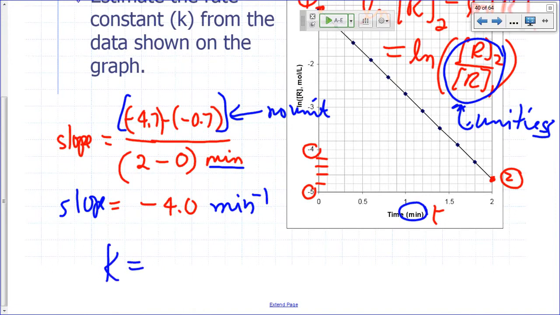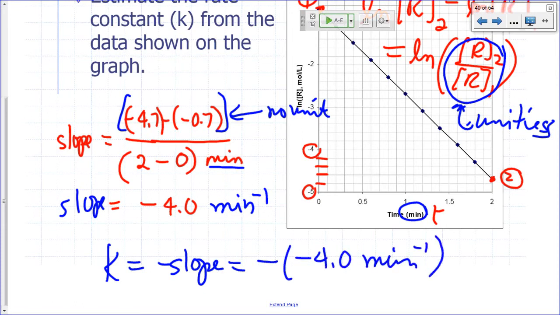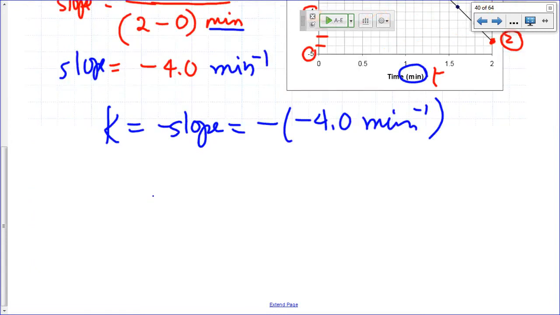K would just be equal to negative of the slope, and your rate constant is always going to be a positive number. So negative of negative 4.0 per minute is equal to 4.0 per minute. As expected for a first order rate law, for an overall first order reaction, the rate constant has just units of per unit time.